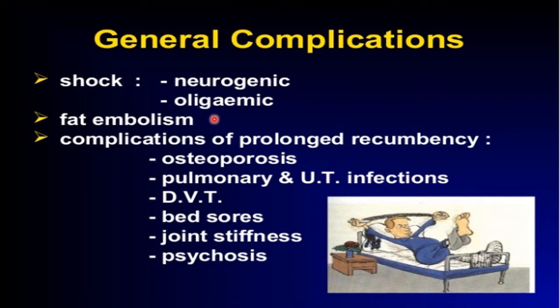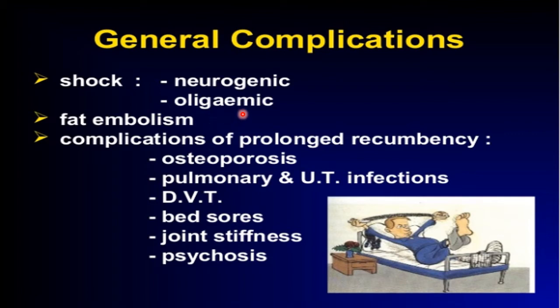Fat embolism is generally not necessarily a piece of fat breaking from the bone marrow and going into a blood vessel, but it is a phenomenon where the fat comes out of solution. As you know, cholesterol or fat is in solution in the body, but subsequent to trauma of a large bone, the fat can become insoluble in the form of globules, and it can then embolize to the pulmonary system.